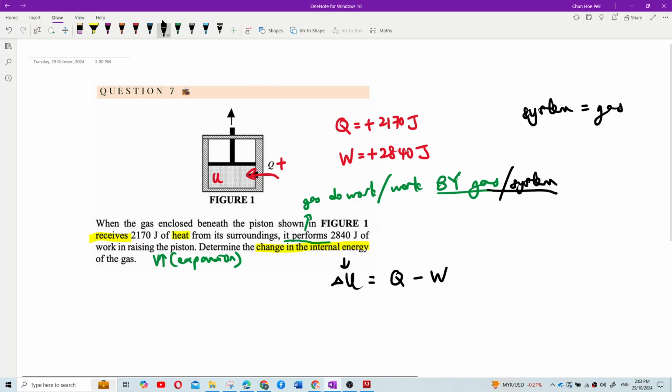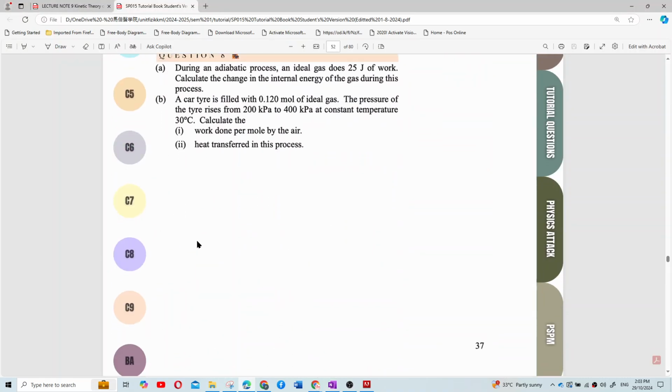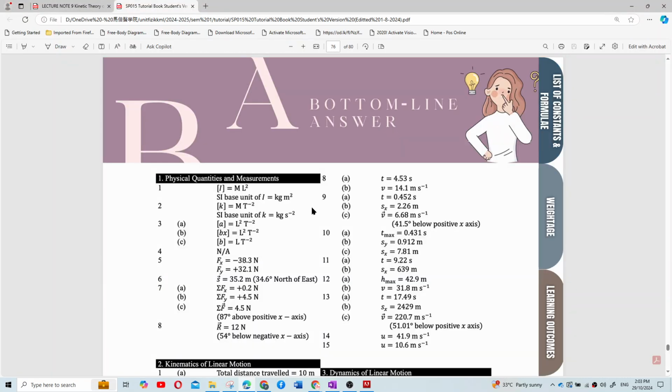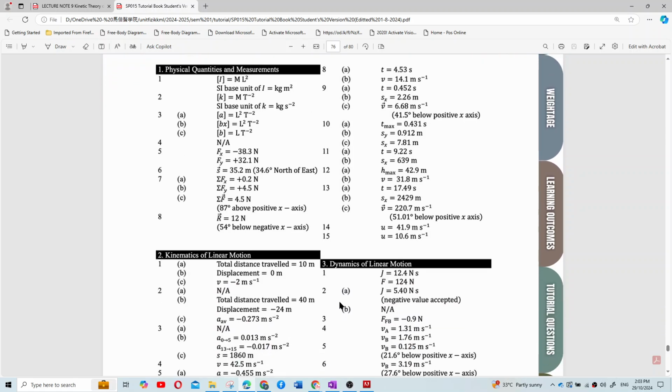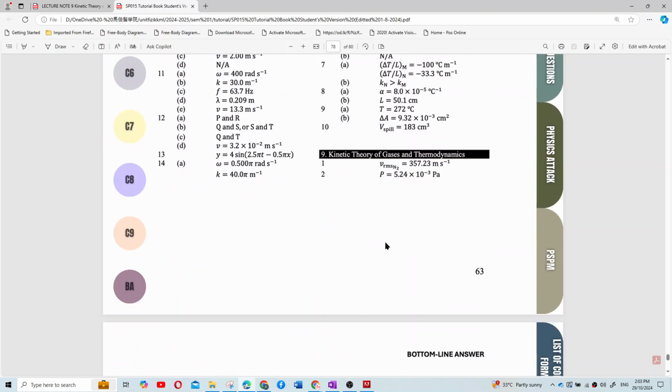Let's try out, ya. Q dia adalah 2170 positif, tolak dengan work done dia juga positive value 2840. So what answer do you get, class? Let's find out the final answer.